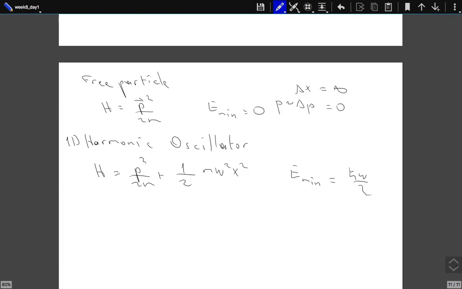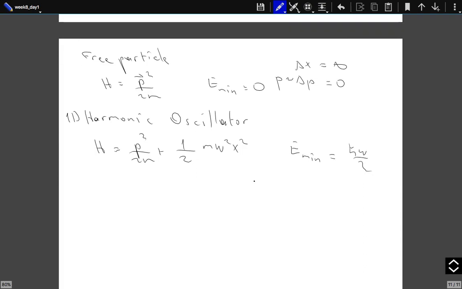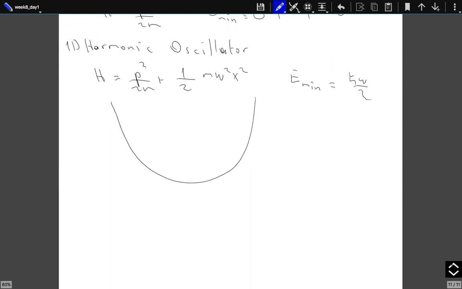But for the harmonic oscillator, delta x depends on the energy. You see, if the energy of your particle is somewhere over here, this is more or less your delta x. It is somewhere over there.